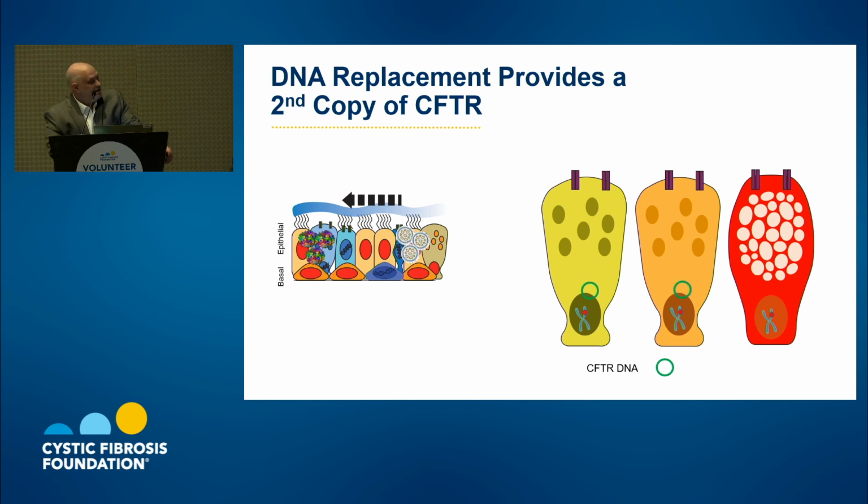Through a process that is not totally well-defined for a lot of these specific events, that DNA has to make its way from not only inside the cell, but actually into the nucleus where our chromosomes are. And that's a very important step. And then at that point, that green DNA can start to produce its own messenger RNA. And basically we're now making 2 copies of CFTR in the cell.